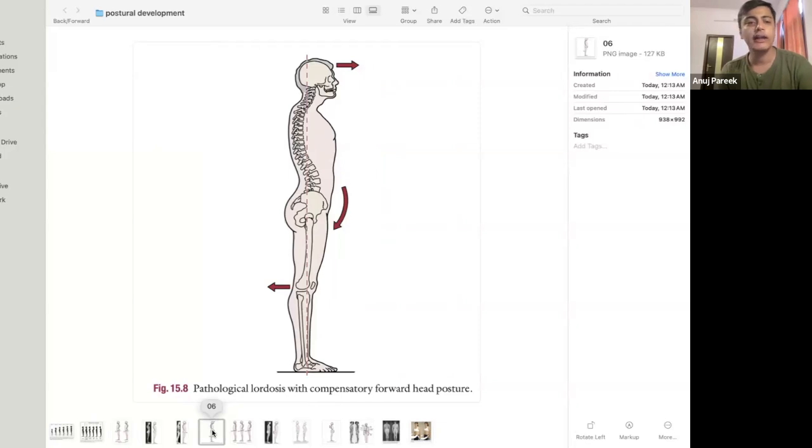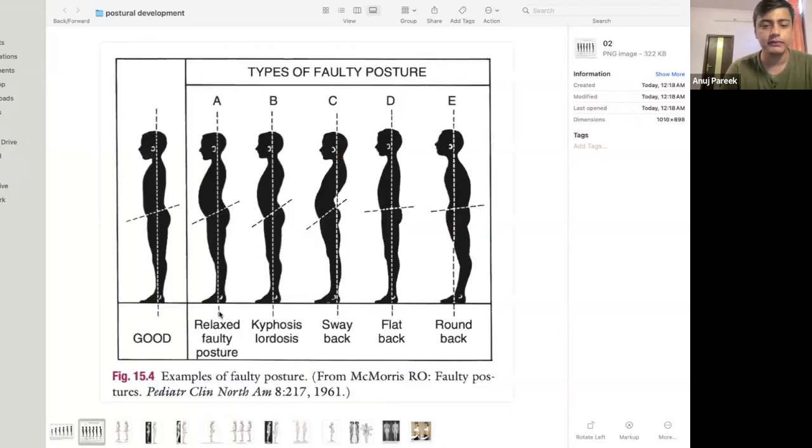Now, what are the problems you can face if your spine is faulty? If you are anywhere here, if your spine is faulty, you see this back. Have you seen anyone in this posture, sway back? You must have seen the posture like this.